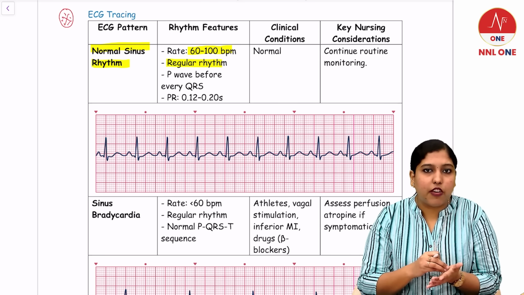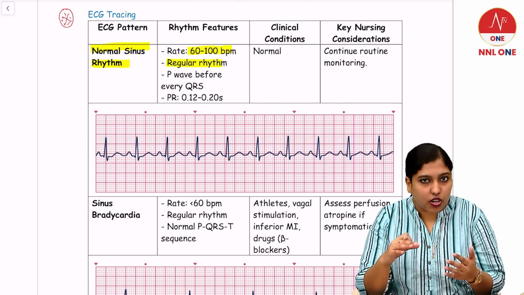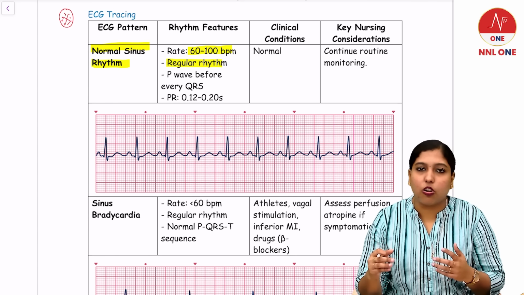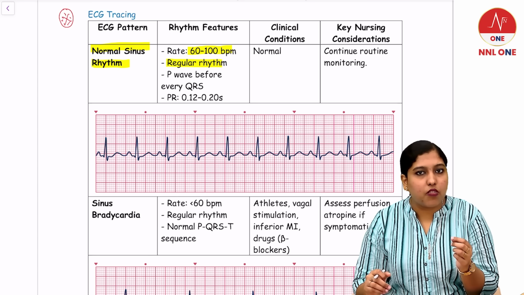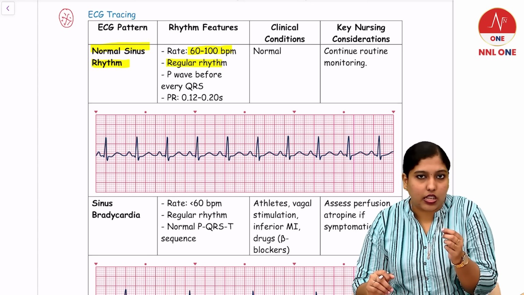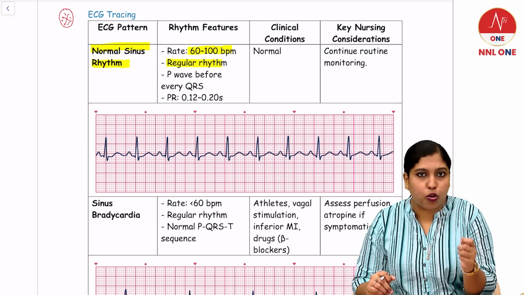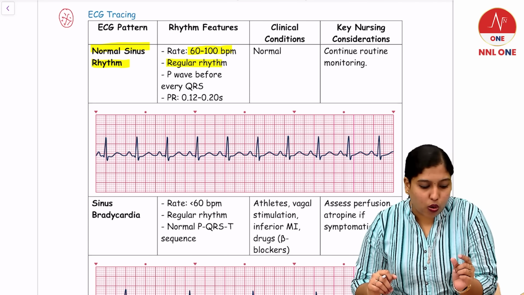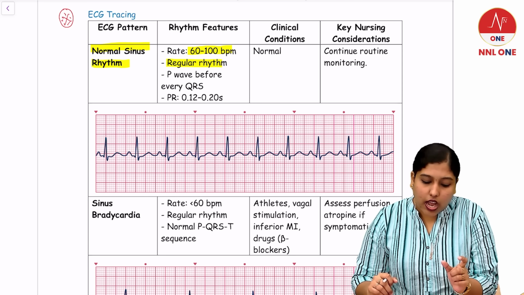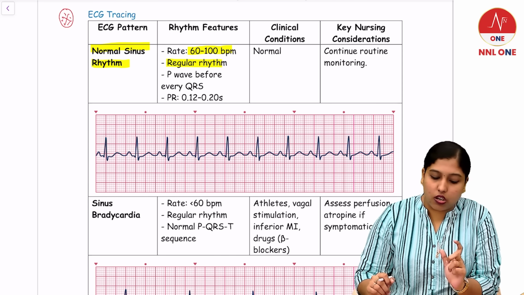If everything is happening properly at a regular interval, that is termed a regular rhythm, which means every P wave is followed by its QRS complex and then the T wave, and the cycle is very regular, with no prolongation or widening of the QRS. So we term it a regular rhythm.